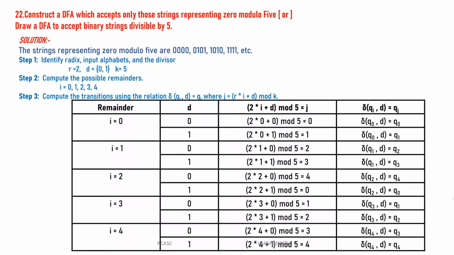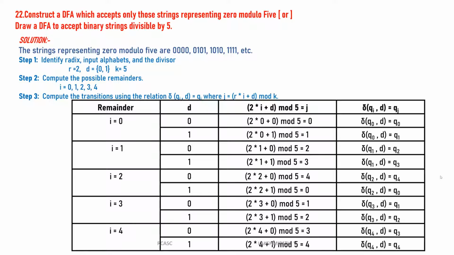Then one more thing, see, we'll continue this problem. That is called I is equal to 0. Then D, another one is D. Then once again, 2 into 0, see, 0 means I plus D value is 1, then modulo 5. See, 2 into 0 is 0, plus 1 is 1. 1 modulus of 5 is 1 only. Then Q0 of 1.